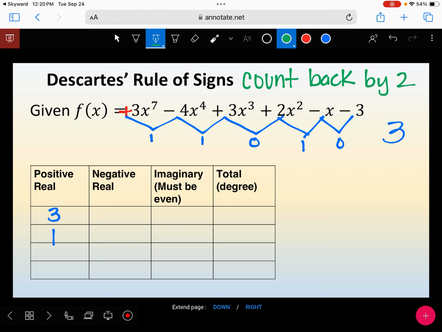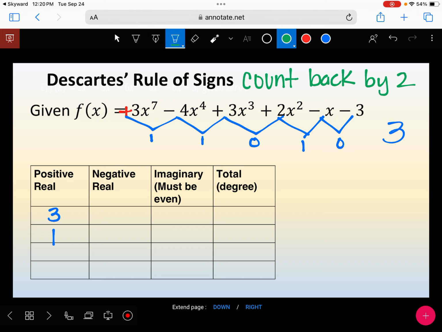How do you count backwards? 3, 2, 1. So that means we can have 3 or 1 positive real roots. So put a 3 or a 1.